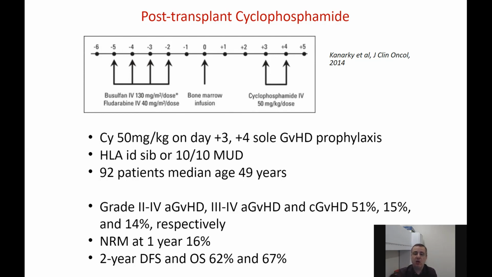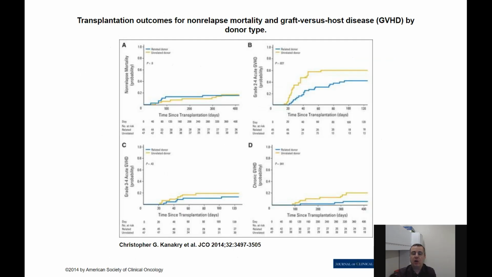And what they saw was a significant decrease in acute graft-versus-host disease, in particular the grade 3 to 4 more devastating graft-versus-host disease, as well as chronic graft-versus-host disease, and without a significant increase in relapse risk.